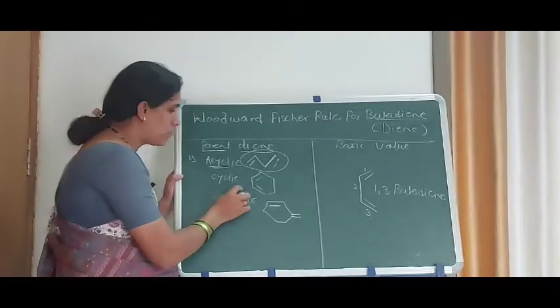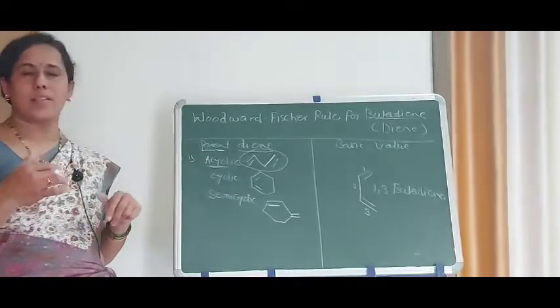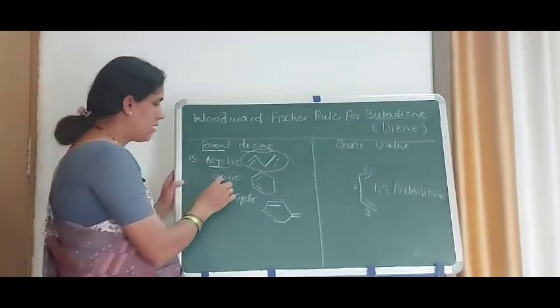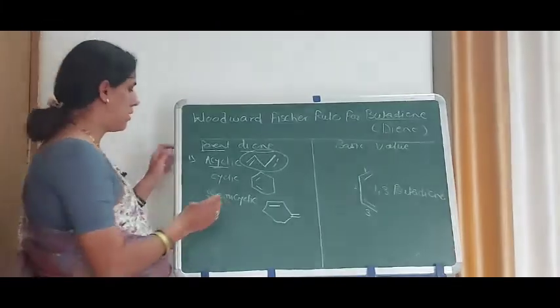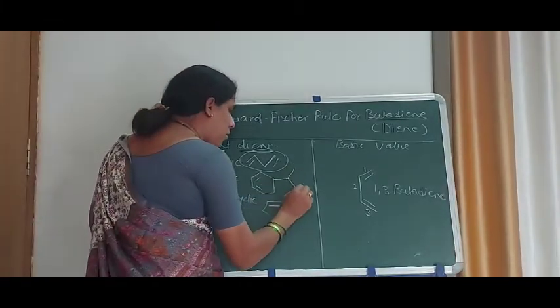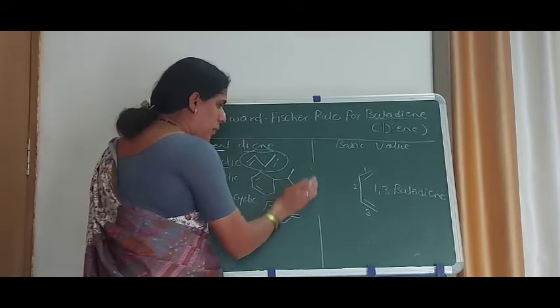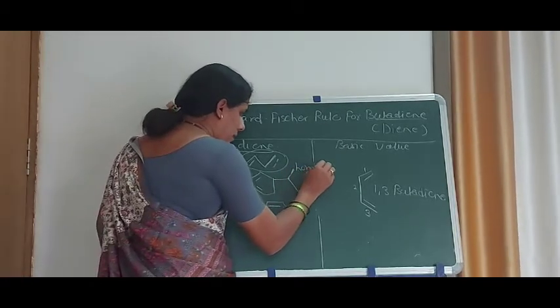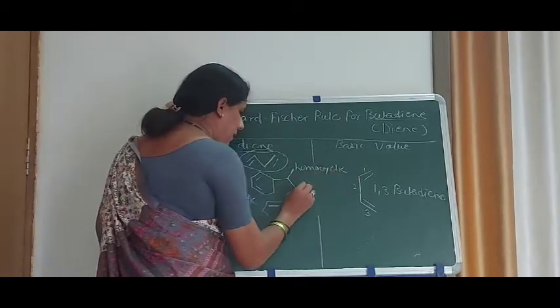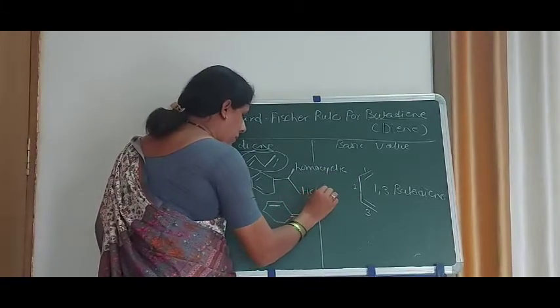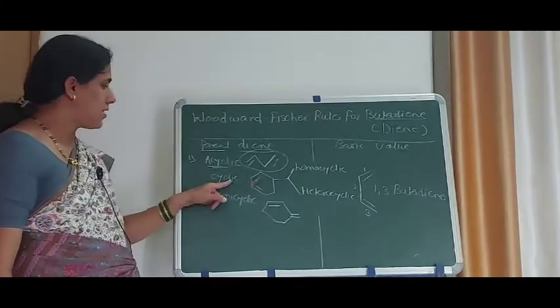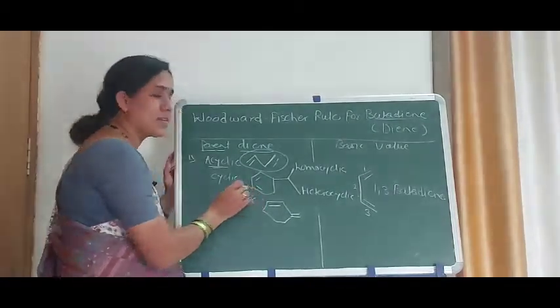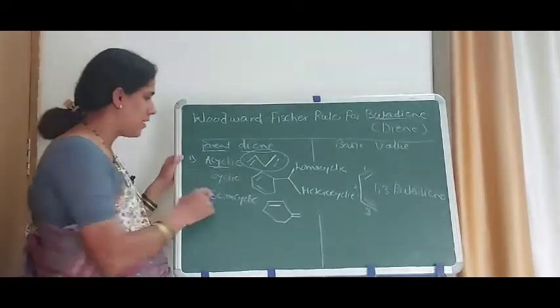Now the cyclic. Cyclic is of 2 types: first is homocyclic and second is heterocyclic. This is a cyclic system. Generally, this is an example of a homocyclic.